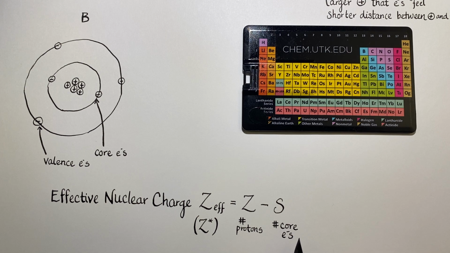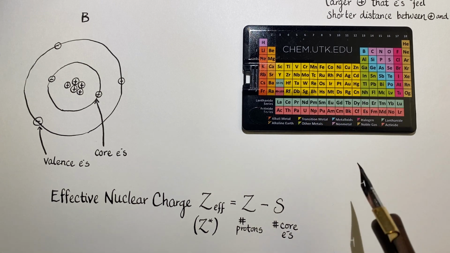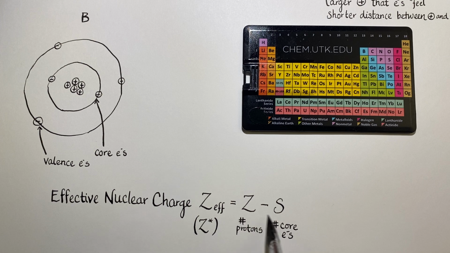But the good news is this approximation allows you to fully make predictions of periodic trends on your periodic table. So this is quite lovely to have it simplified in this way, and then allows us, for whatever atom we have, to estimate what that effective nuclear charge is.